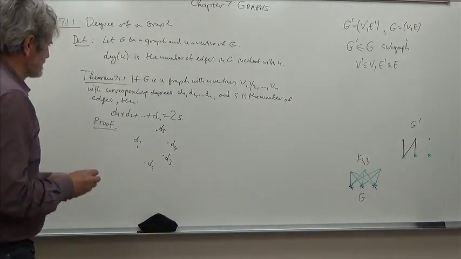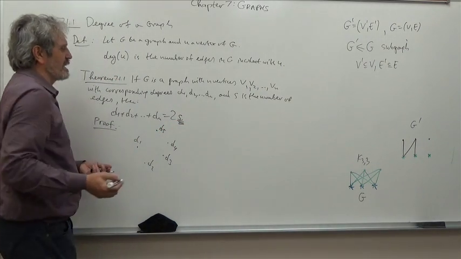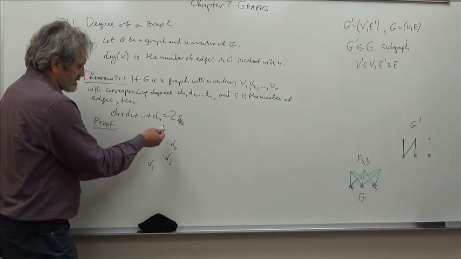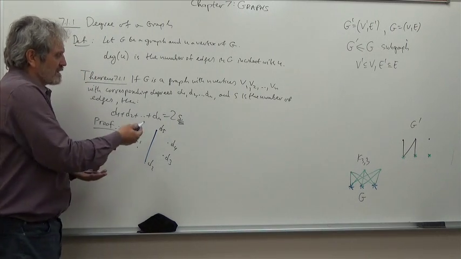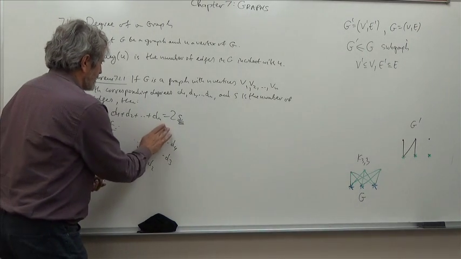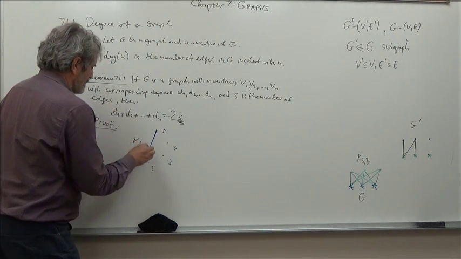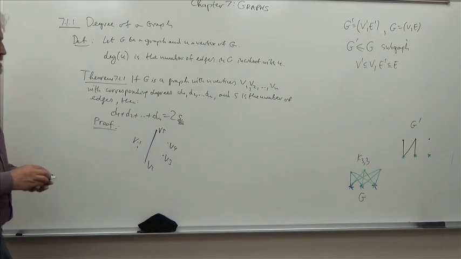When you have all the edges, they must connect somewhere, so each of the edges must be counted somewhere. So if there is an edge, it must be counted among certain vertices. So these are V1, V2, V3, V4, V5 with the degrees.